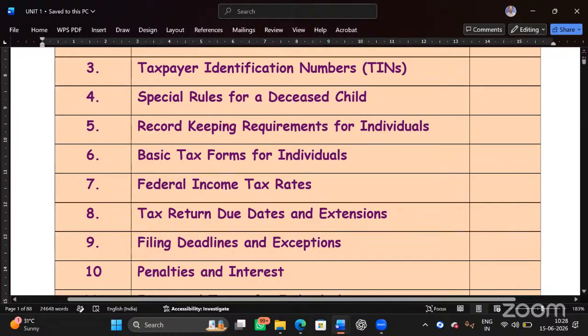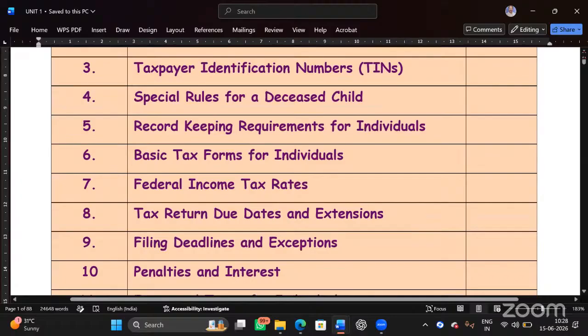That is the reason every taxpayer is responsible to maintain all data, all records relating to income tax file to be maintained for a certain number of years. How many number of years? Under what circumstances? Unlimited number of years. This information will be clearly given in the head of the 5, record keeping requirements for individuals.